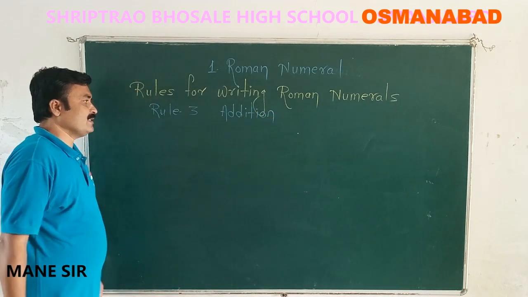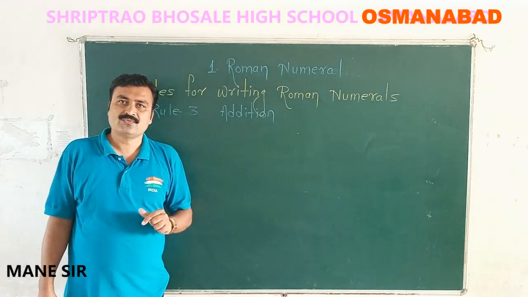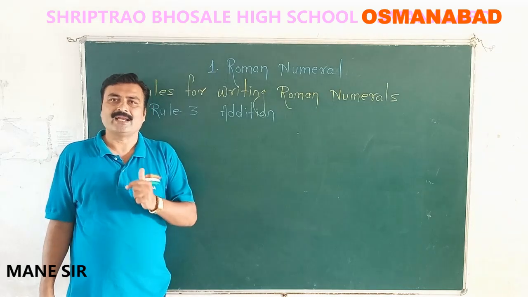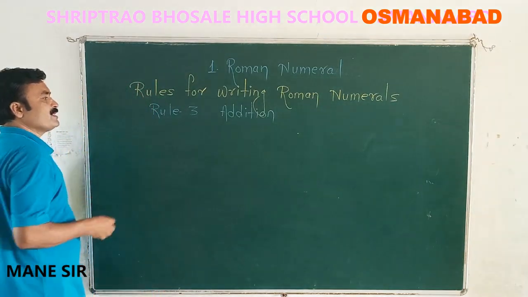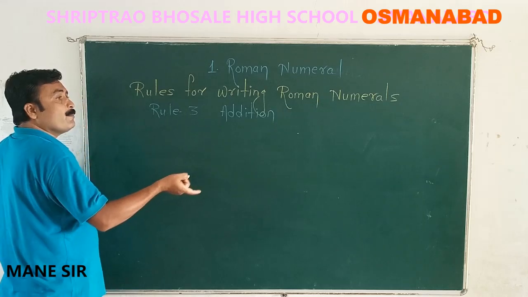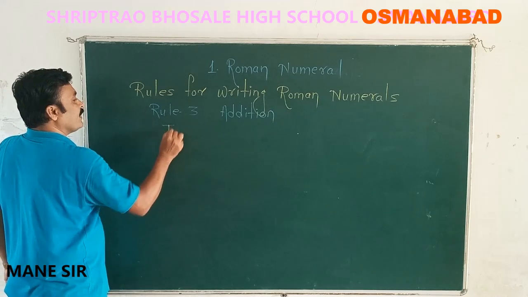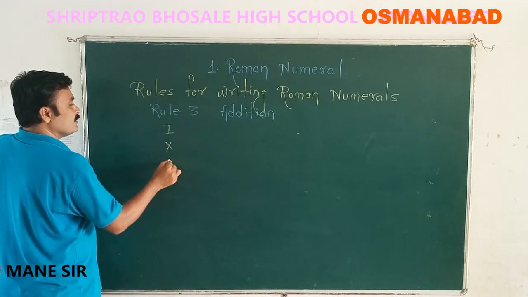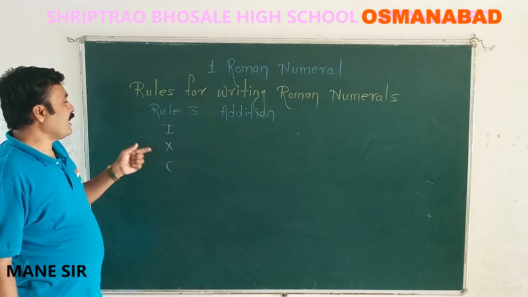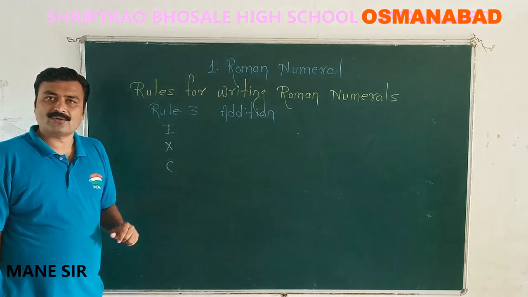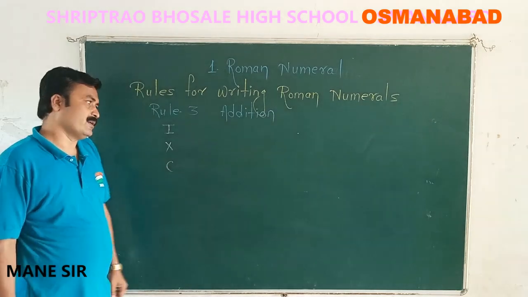While stating this rule, again we make the comparison between the smaller numeral and the bigger numeral. In rule number 2, the 3 basic signs that we write before a bigger numeral are I, thereafter X, thereafter C. In this way, I, X, C, these 3 Roman numerals we can write before a bigger numeral.